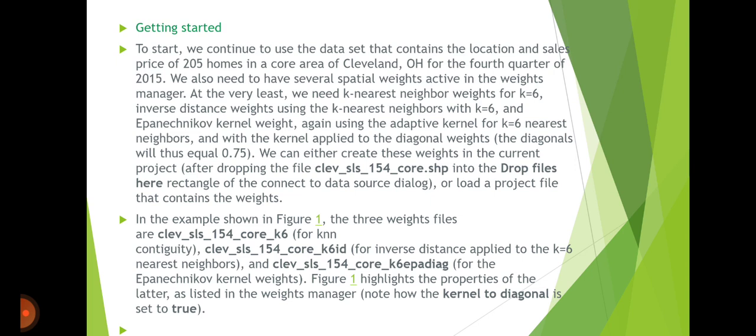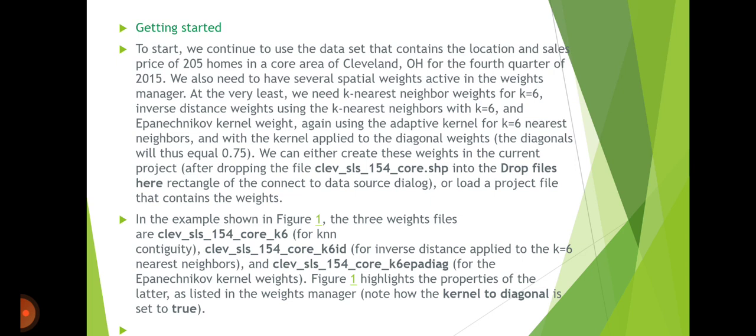Getting started. To start, we continue to use the data set that contains the location and sales price of 205 homes in a core area of Cleveland, OH, for the fourth quarter of 2015. We also need to have several spatial weights active in the weights manager.